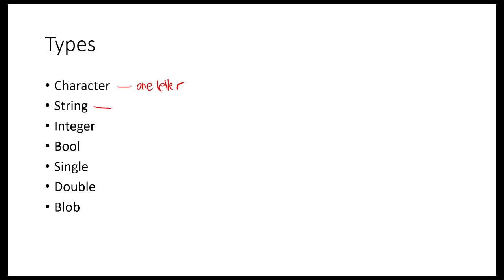A string is a sentence, basically, so more than one character. And then an integer is a number with no decimal.